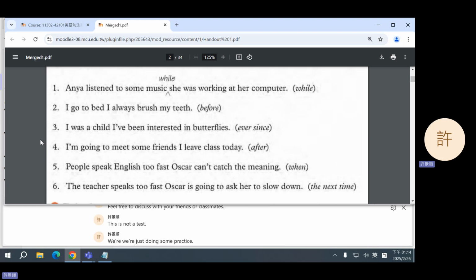All right, let's compare answers. Yes, that has been 2 minutes. Time flies very fast. Number 2, I go to bed, I always brush my teeth. Where do you add the before, Lu Yixuan? Are you sure?